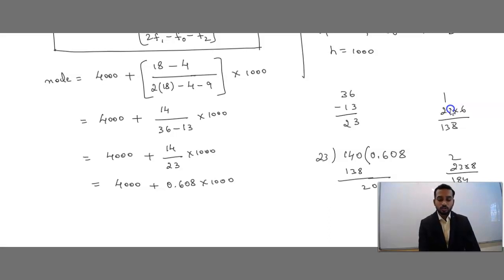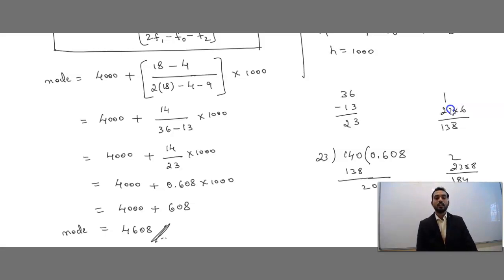That's nothing but 4000 plus 0.608 into 1000. How much is the answer? It is 608. 4000 plus 608 is 4608. So this is the value of the mode.